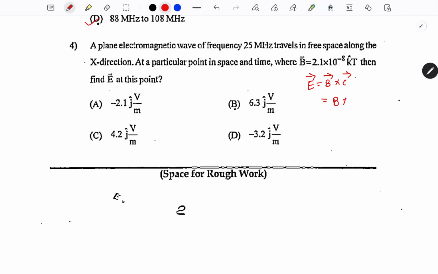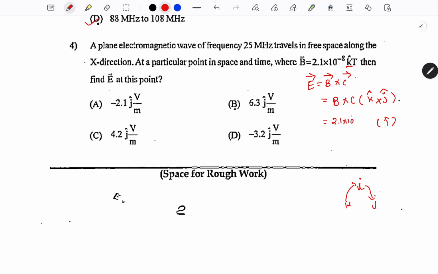Therefore B cross C multiplied by C. The magnetic field is in k cap and the wave is propagating in i cap. So if we write I, J and K this way, the wave is traveling from K to I, so it will go towards J. So the electric field will be positive j cap.